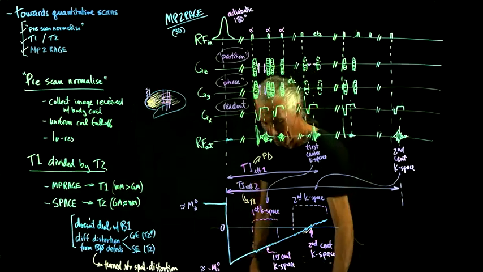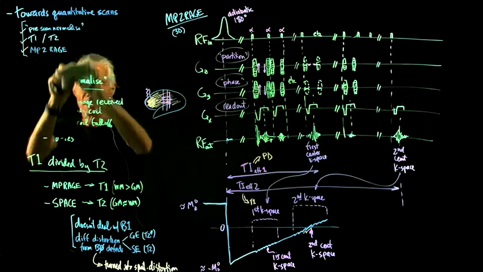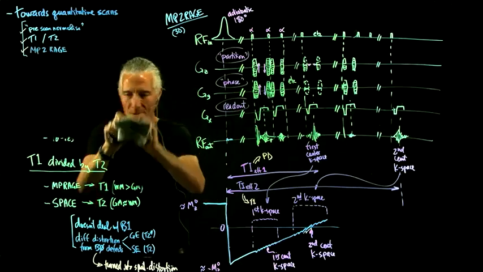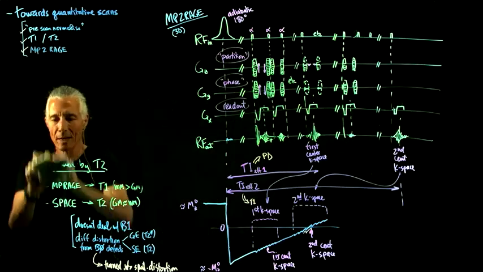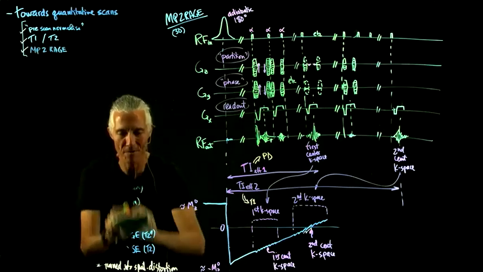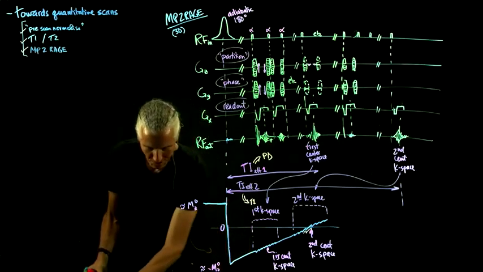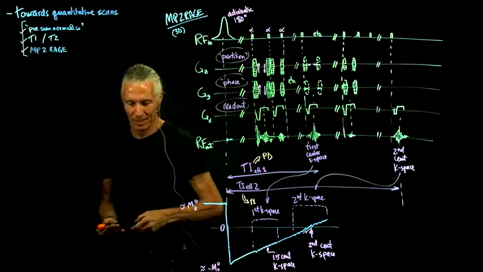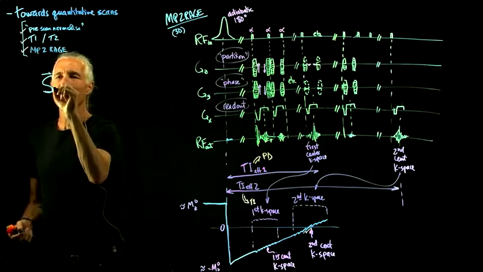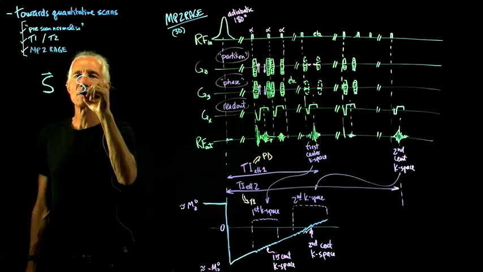So now we have two complete images. What do we do with these two complete images? You can do a quick and dirty divide, but it's a complex value divide because we've got complex data. If you want to get a number between like minus 0.5 and 0.5, we could multiply these two complex numbers by each other.